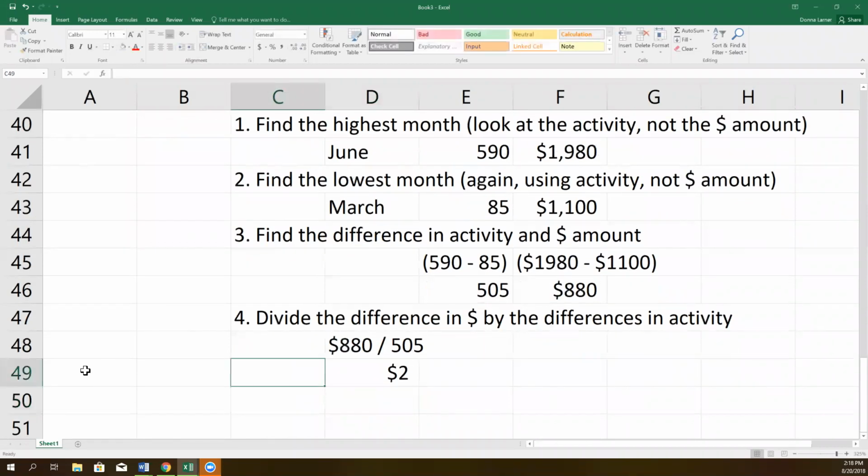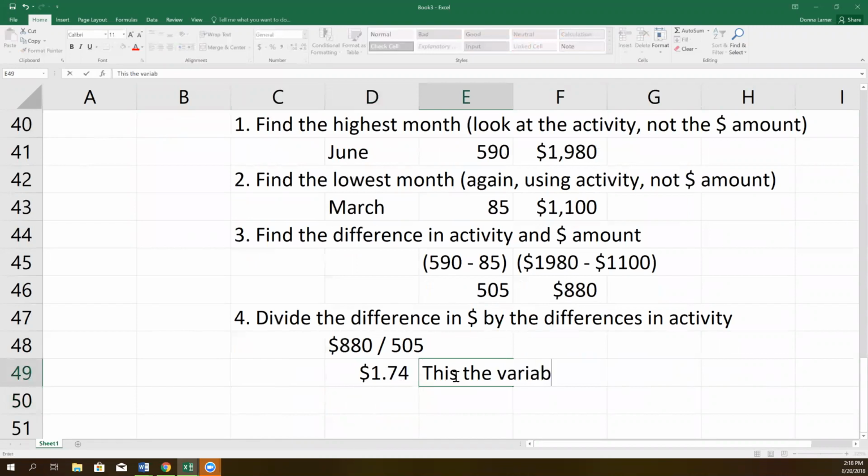And it's not exactly $2, as you can see, but Excel was set to just show. So I'm going to show it as dollars and cents. You can have more decimal places, but I would not go to less decimal places. So it's about $1.74. And this is the variable component.